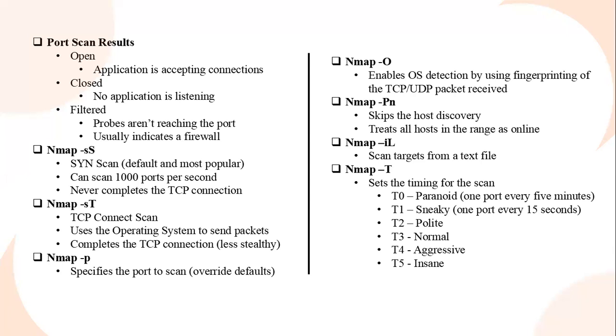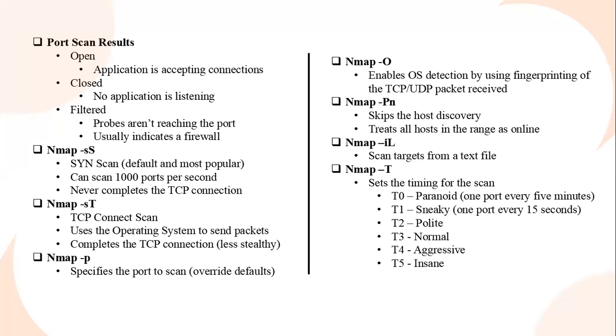So you could add this switch to your scan to indicate how stealthily or how paranoid you want your scan to be. For instance, using -T0, that's quite paranoid. It's not going to easily be detected, or rather will easily be detected because you're kind of making a lot of noise.